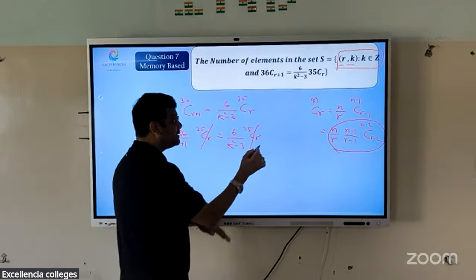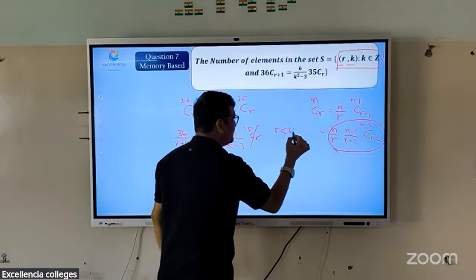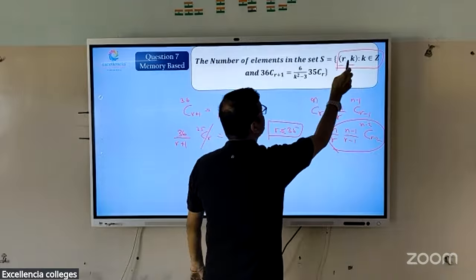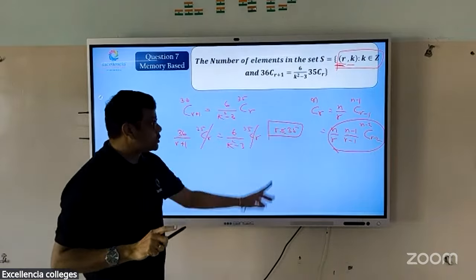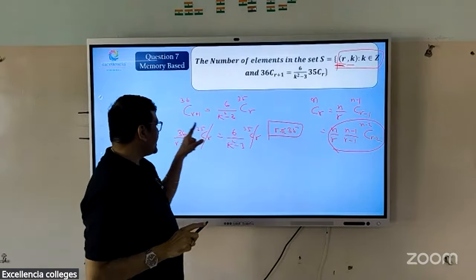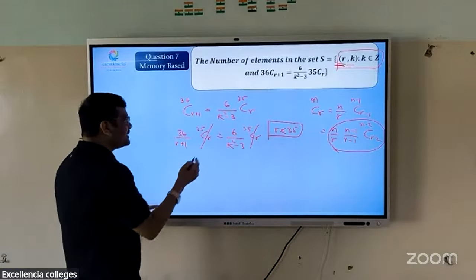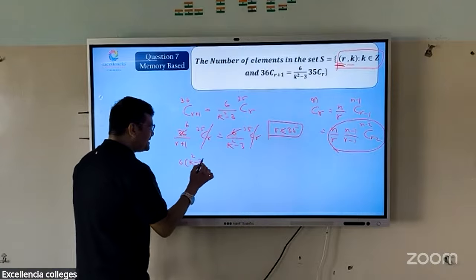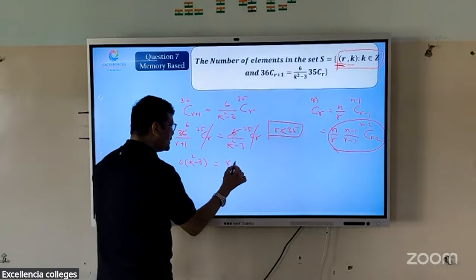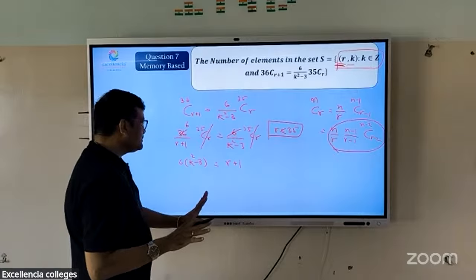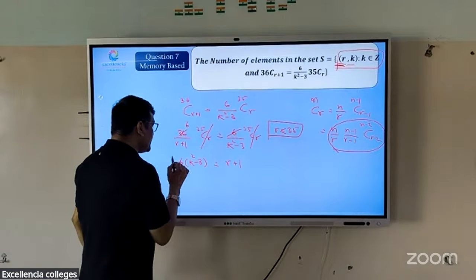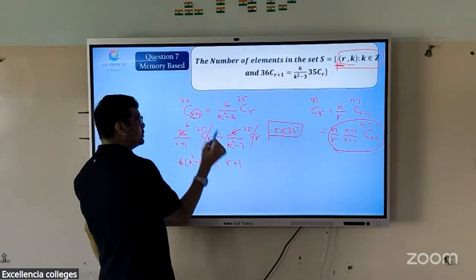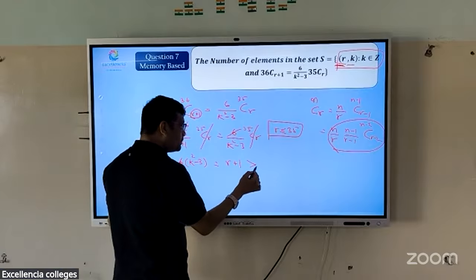But don't forget, r should be less than or equal to 35. Then the 6 cancels. So I have 6 into (k squared minus 3) is equal to r plus 1. Correct? And you know that r plus 1 should be less than or equal to 36, and greater than or equal to 0.